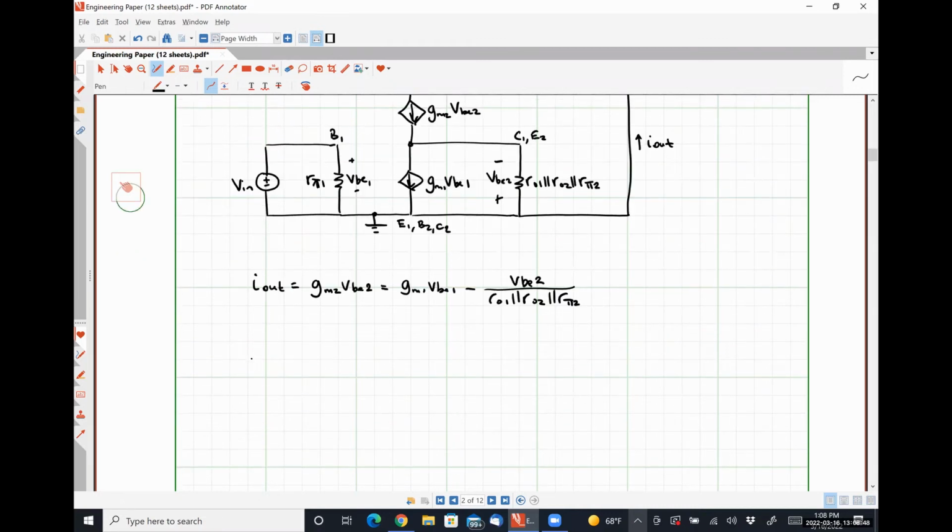So that's going to give me I out is equal to GM1 VN minus stuff. All right, we'll get to the stuff in a moment. VBE2 is simply I out divided by GM2.